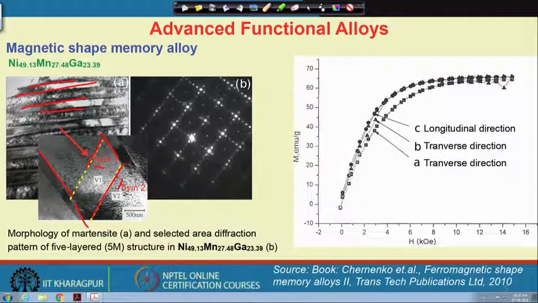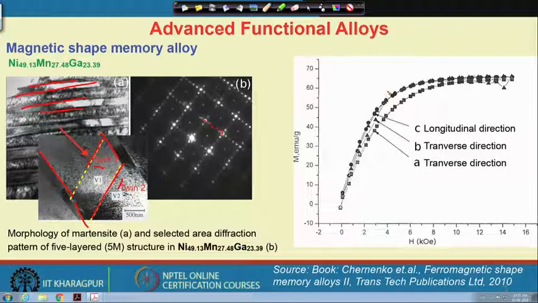By application of the magnetic field, this twin 1 to twin 2 type of growth occurs, and by looking at the selected area diffraction pattern from the brighter spot, you can clearly see 1, 2, 3, 4 and 5. So, this is a 5M martensite, modulated martensite.